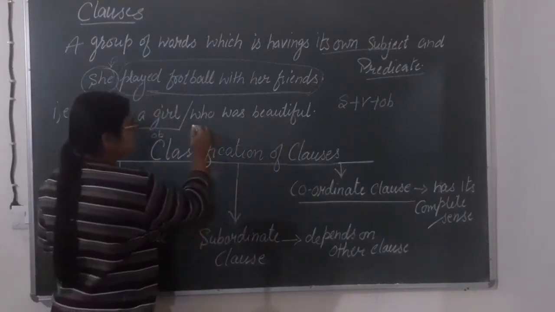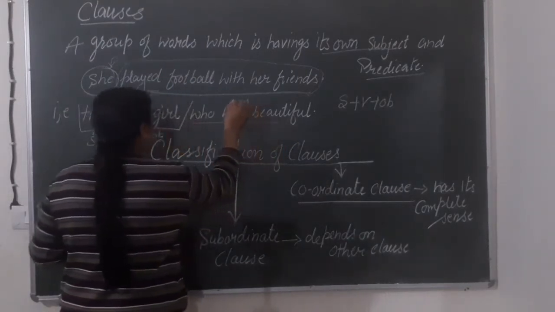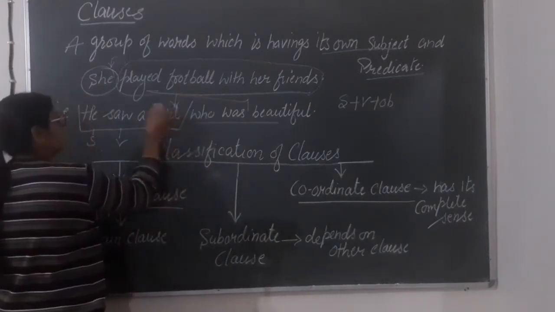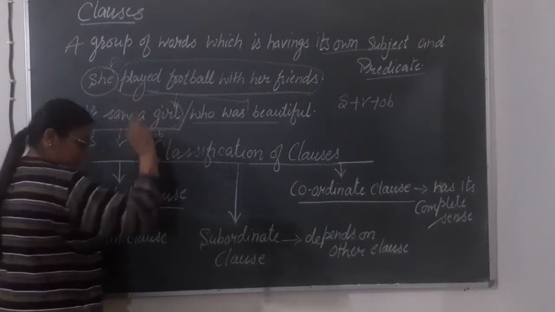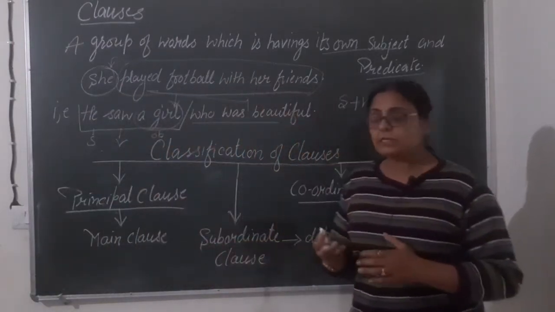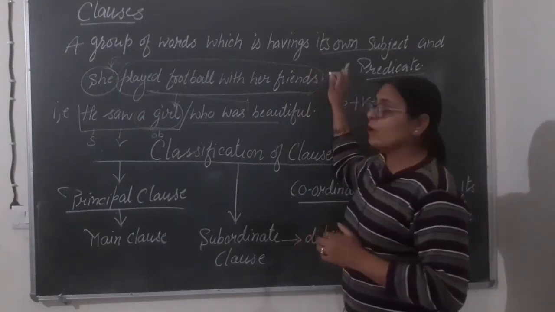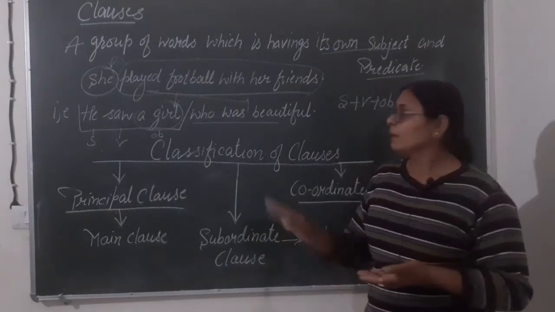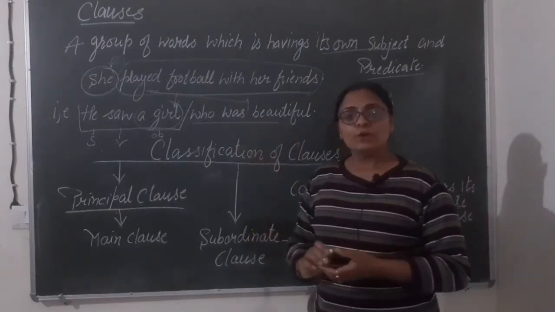Because this is telling us about our object here, the girl. It means sometimes a subject can have its predicate or sometimes an object can have its predicate. That is also a part of a clause.